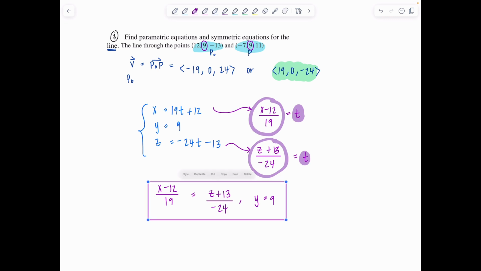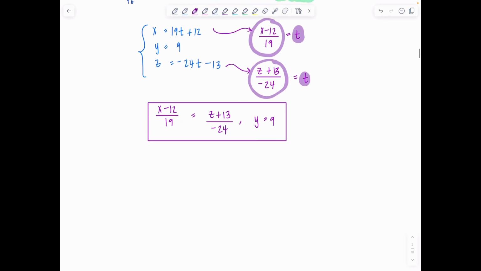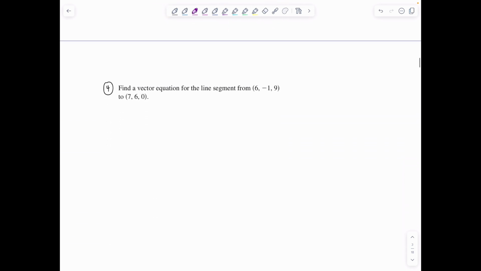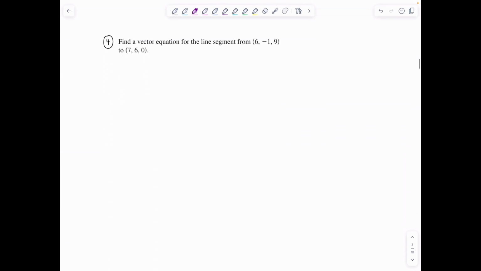Okay, very good. Now let's look at another similar sort of problem, which is going to have a lot of use to us later in the semester. Find a vector equation for the line segment from 6, negative 1, 9 to 7, 6, 0.